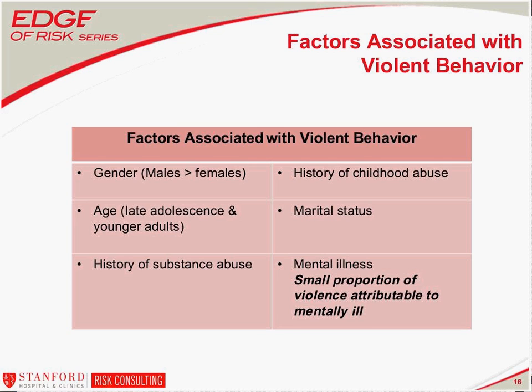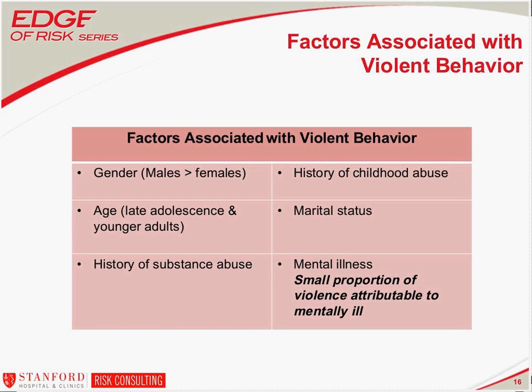Additional factors associated with an increased risk for participation in violent behavior include gender, where males have a greater propensity than females, age, with late adolescents and young adults at higher risk, a history of substance use, a history of childhood abuse, and marital status. Studies show that those who have never been married are at greater risk for violent behavior.